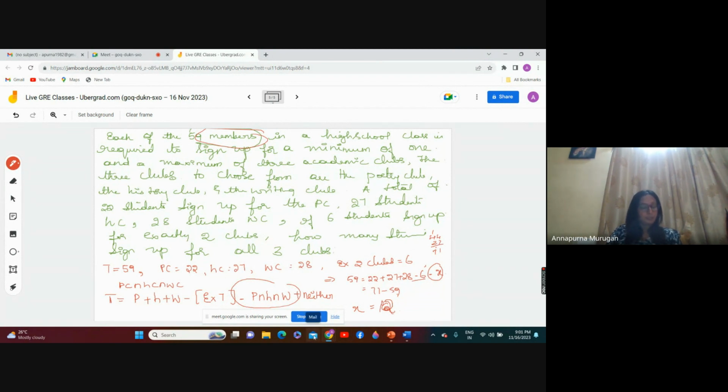Oh, we have 2 times x, we missed the formula. So this is 2 times x, so x is equal to 12 by 2, which is 6.